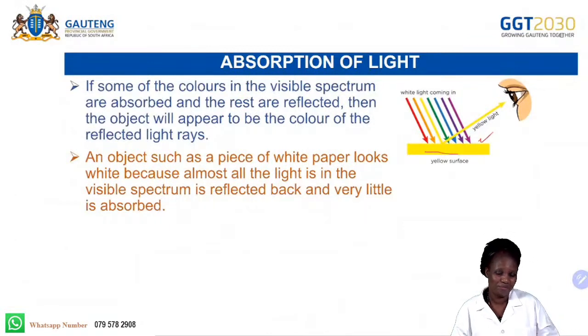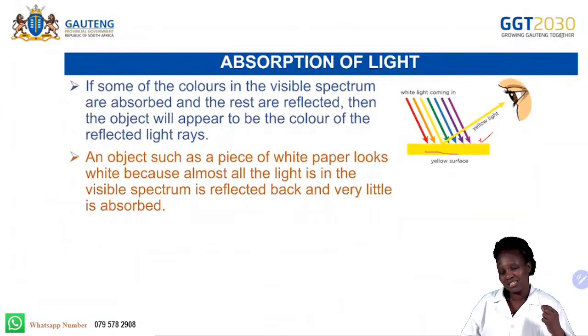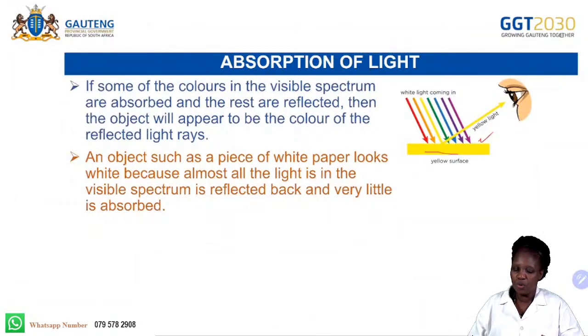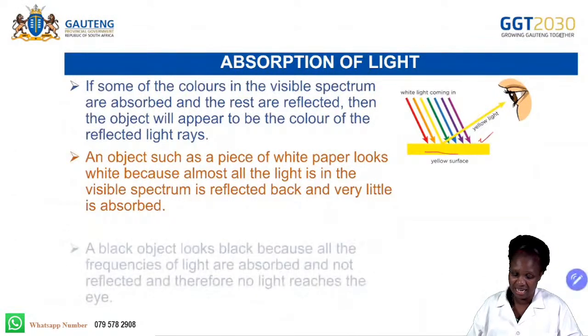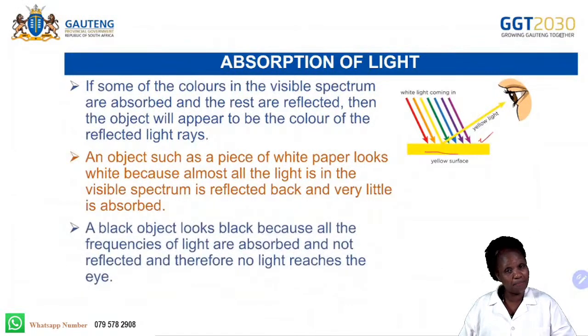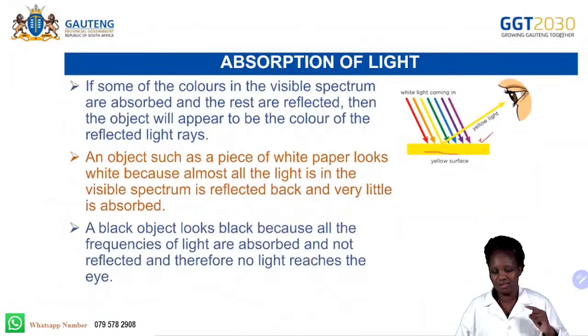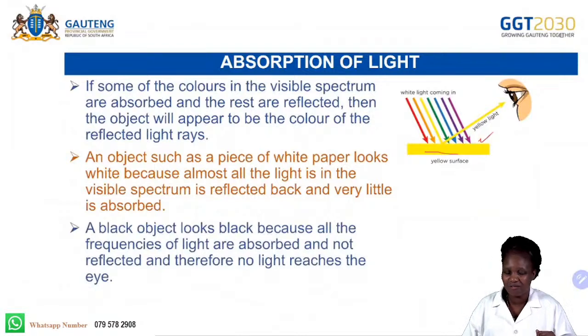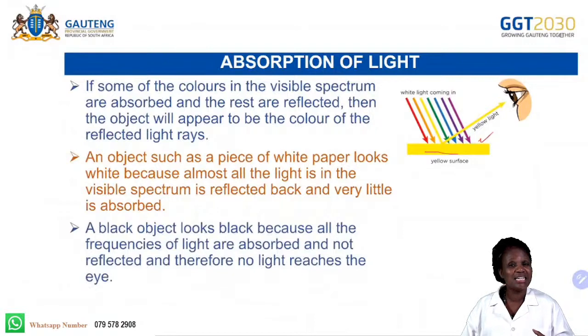Are we together? Good. An object such as a piece of white paper looks white because almost all the light in the visible spectrum is reflected back, and very little is absorbed. A black object looks black because all the frequencies of light are absorbed and not reflected, and therefore no light reaches the eye.